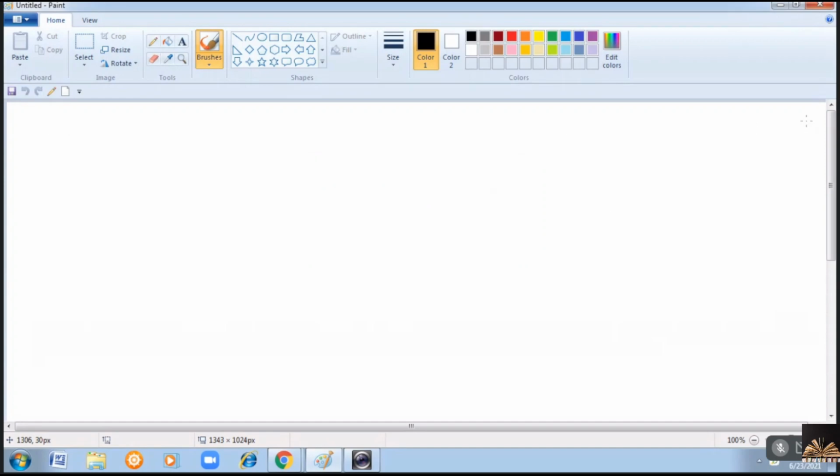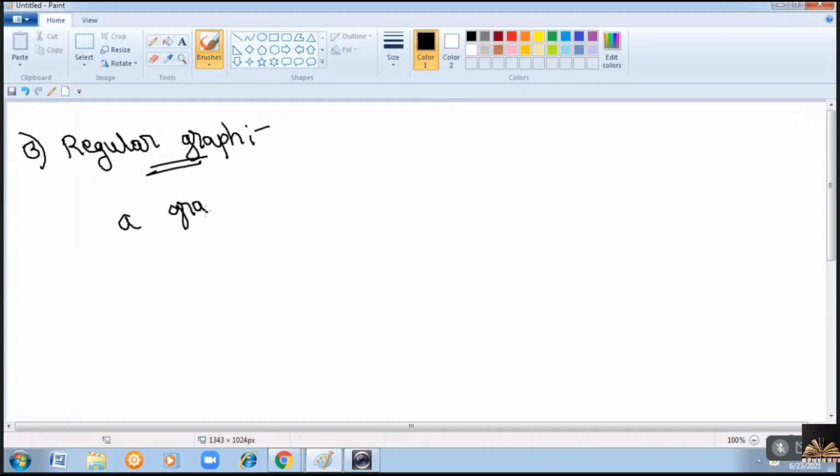Third category is regular graph. A regular graph means a graph where the degree of all the vertices is the same.